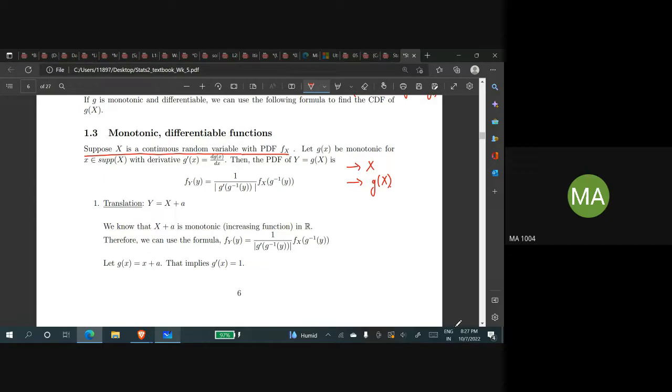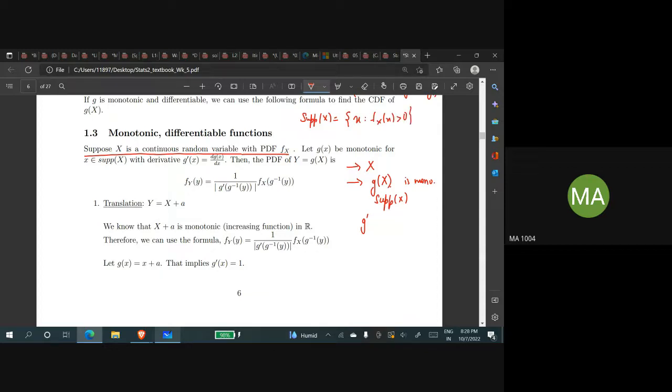Let's say this g of x is monotonic in the support of x. You have seen support in week 4, right? The support of x is all such x such that f_X(x) is greater than 0.